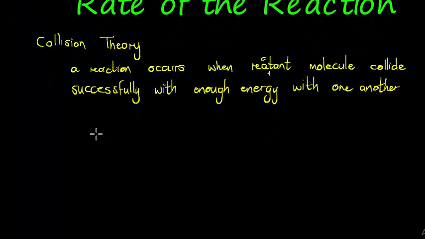For example, if hydrogen bromide is being used, in order for this bond to break, this bromine, which has a higher electronegativity, needs to steal the electron for himself. In order for this hydrogen to give away this electron, to let go of his hold on it, he needs to get an electron from somewhere else.